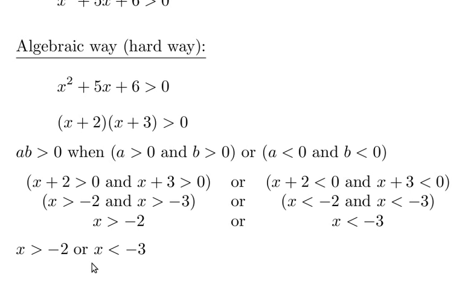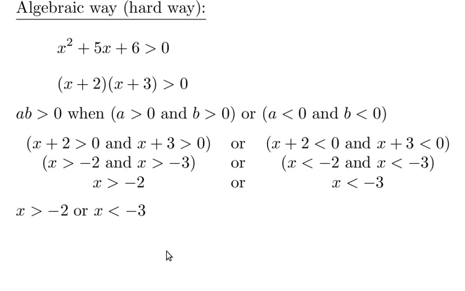So now, without doing any graphing, any visual work at all, except for the individual graphs I did to show that this is equal to this, we've shown that x is greater than -2 or x is less than -3. Before we did the graph, we figured out what the algebraic form is.